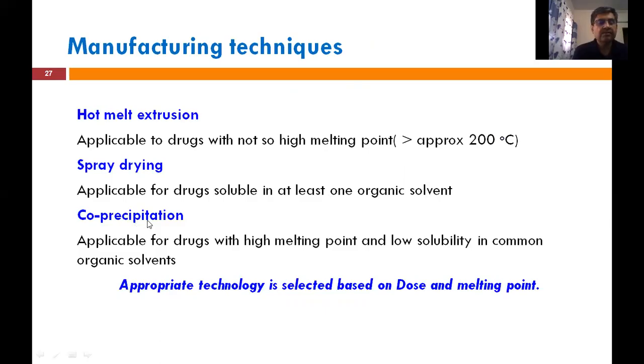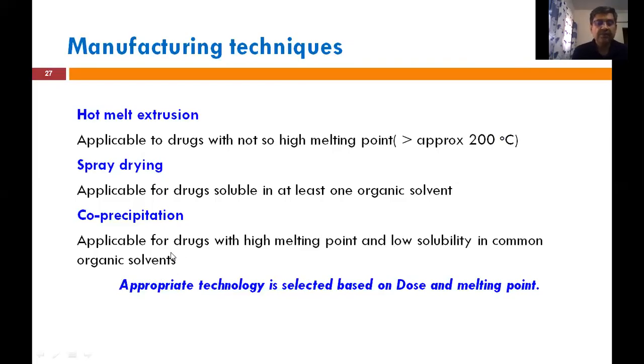A couple of products in the market have also been introduced using co-precipitation, especially one product by Hoffmann-La Roche was commercialized based on the co-precipitation technique, and it is applicable for drugs that have high melting point and have low solubility in the common organic solvents.